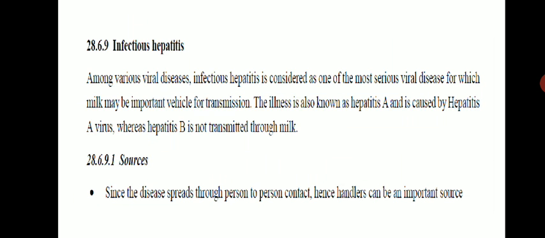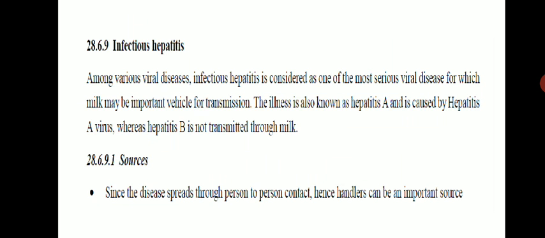This illness is also known as hepatitis A and is caused by hepatitis A virus, whereas hepatitis B is not transmitted through milk. So again, this is important information that there are two types of hepatitis viruses, hepatitis A and hepatitis B. Hepatitis A is the only virus that can be transmitted through milk.